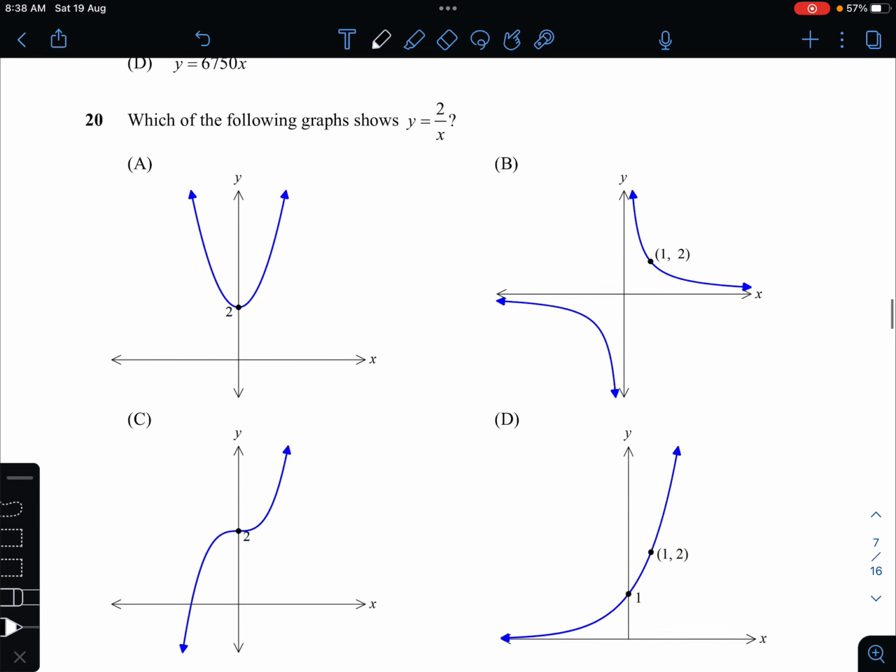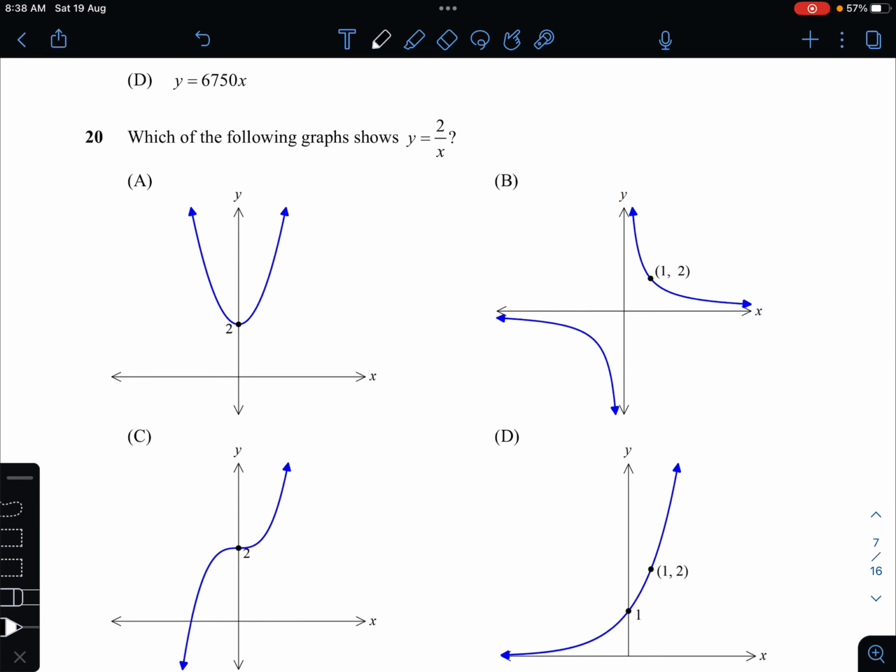Question 20, which of the following graphs shows y equals 2 over x? I'm hoping you got this right, because we went over it quite in depth today. Essentially, you know asymptotes? I'm hoping that's how you spell it. Denominator equals 0, and x equals 0 if there's no translation.